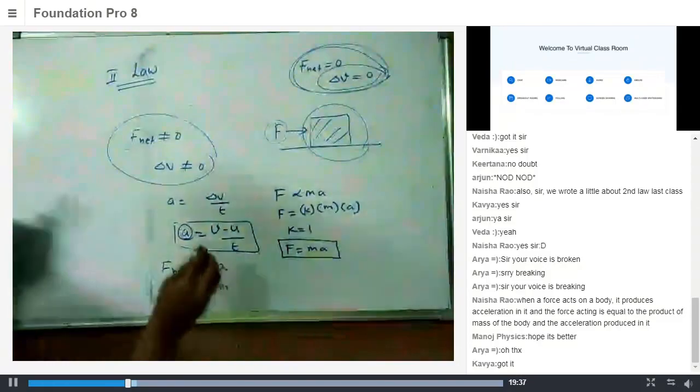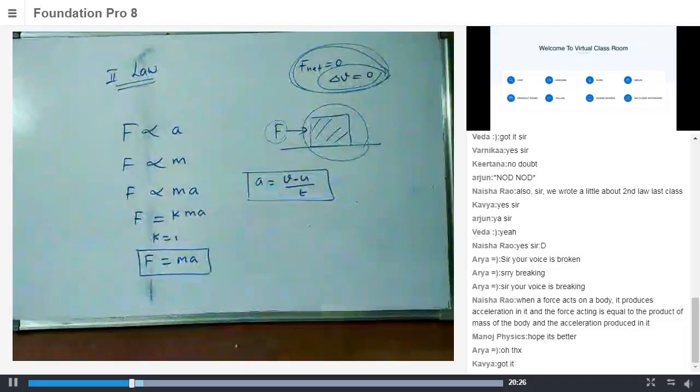I'll write down what is necessary for you. F is directly proportional to acceleration produced. F is directly proportional to mass. F is proportional to mass into acceleration. F equals some constant into mass into acceleration.